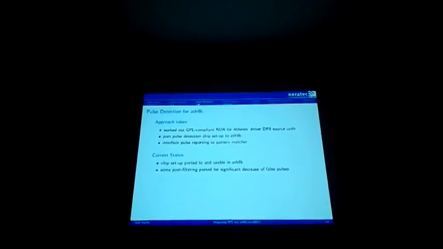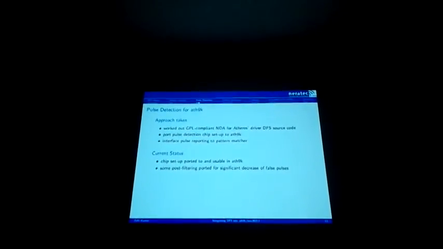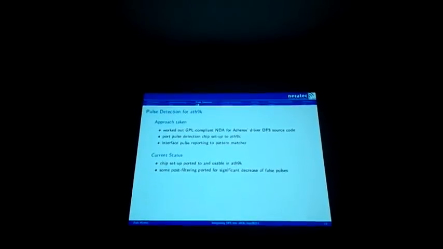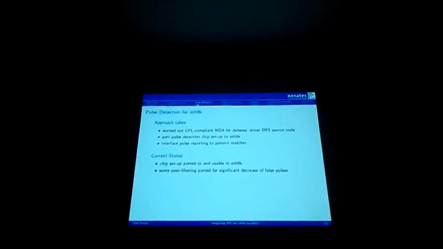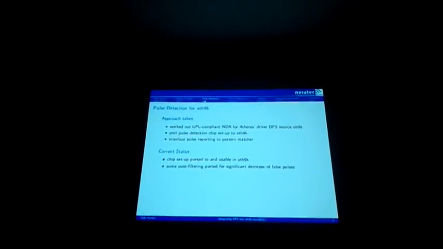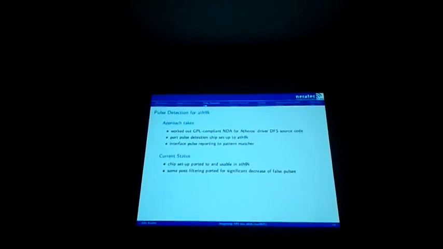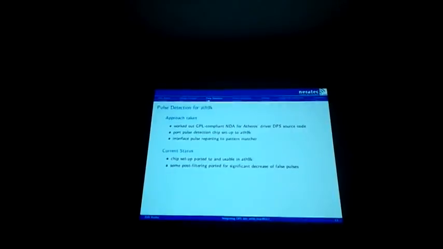And finally, as far as possible, try to port those filtering pieces that prevent false pulse reporting. The current status is that we did this: we ported the setup routines, and for a subset of functions we also ported post-filtering, which significantly decreased the amount of false pulses.